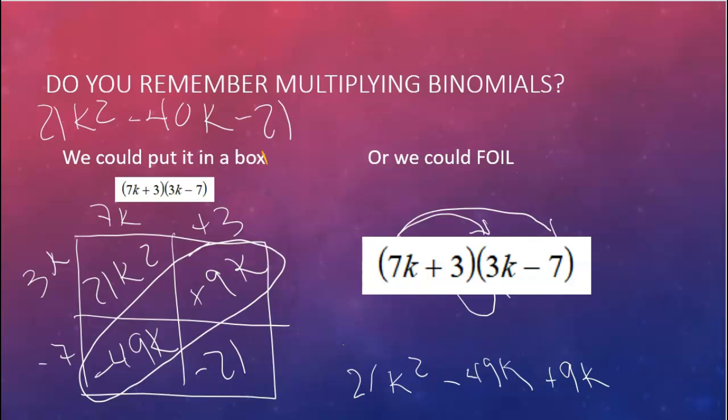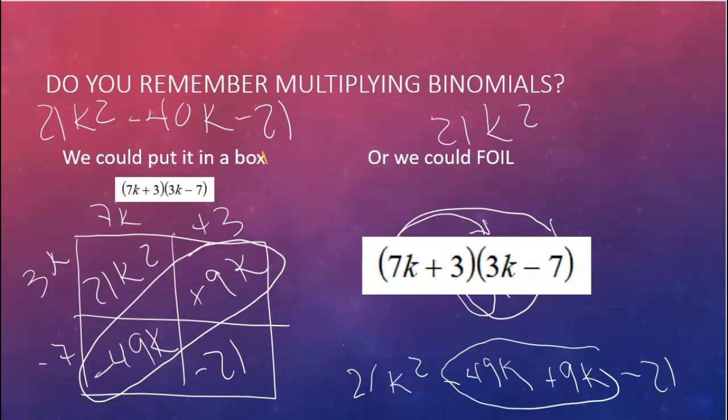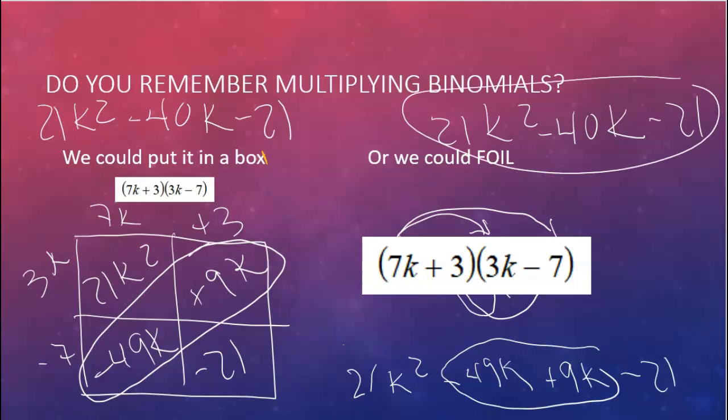And then last, 3 times negative 7 is negative 21. We still got to combine these two. 21k squared minus 40k minus 21. They both give you the same answer, whichever one you're more comfortable with.